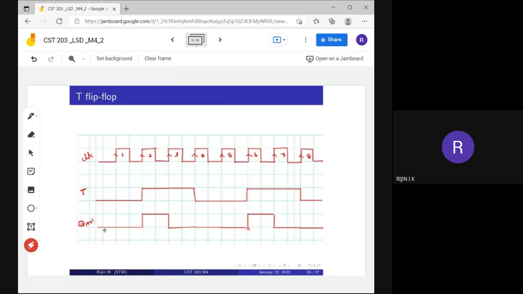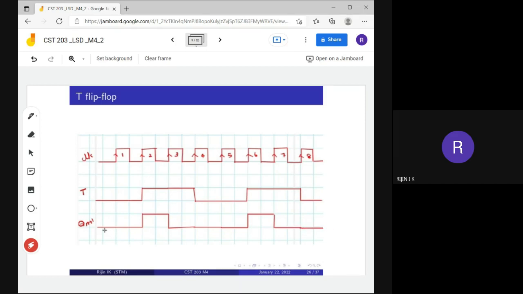In that case, the next state is 1. Here T is 1 and the current state is 1, so the next state will become 0. Here T is 0 and the current state is 0, so the next state will be 0.